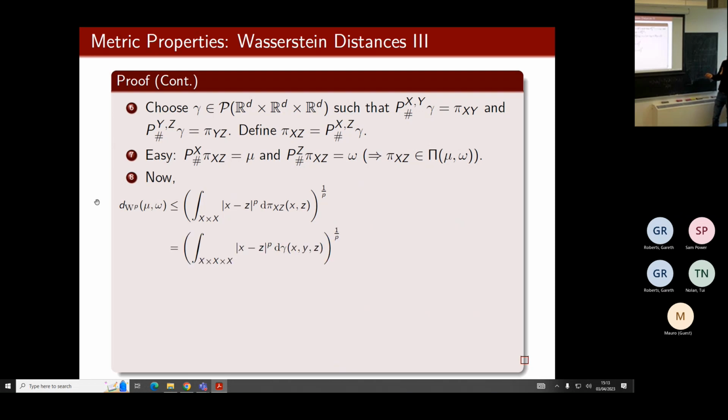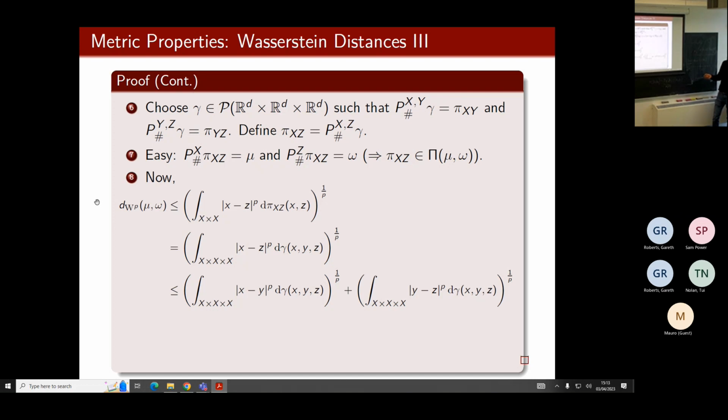Now I can write this as an integral with respect to gamma over the triple product space. I can use my normal LP triangle inequality here to write this as the sum of terms involving x minus y and y minus z. Here I notice there's no z dependence, so I can take out the third marginal.